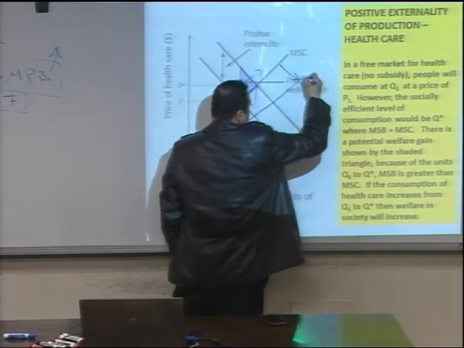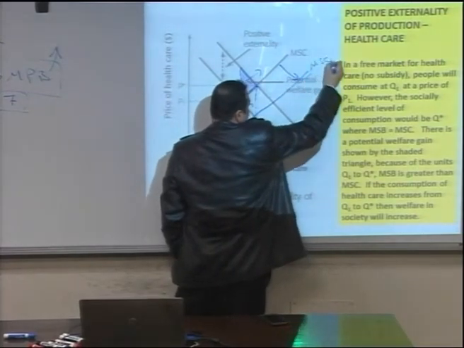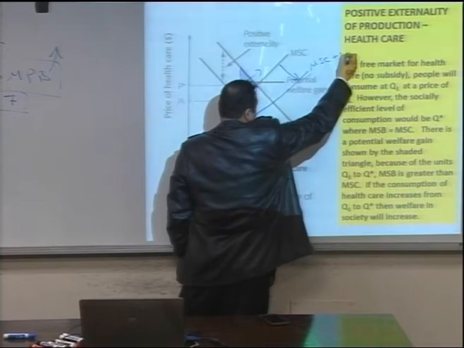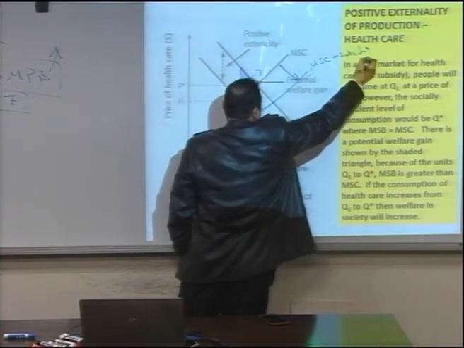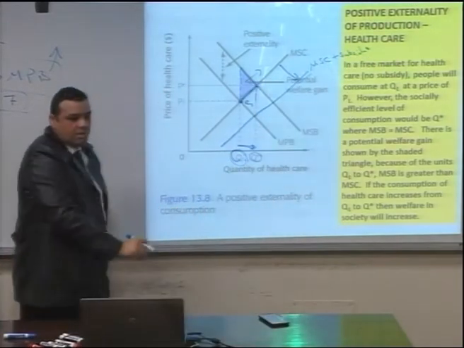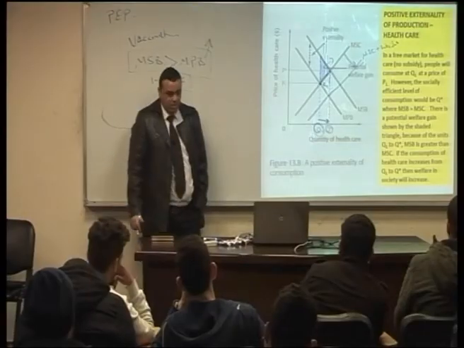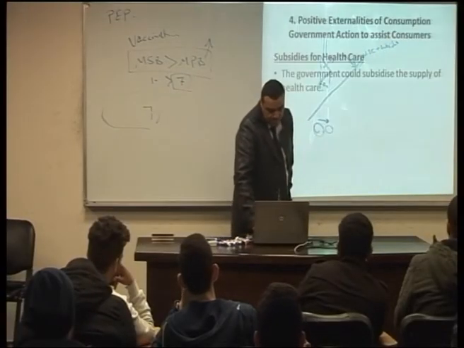So supply shifts. This is the marginal social cost plus subsidies. There is a decrease in the marginal social cost. Okay? What else here?